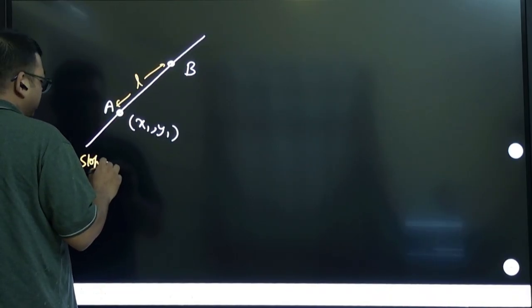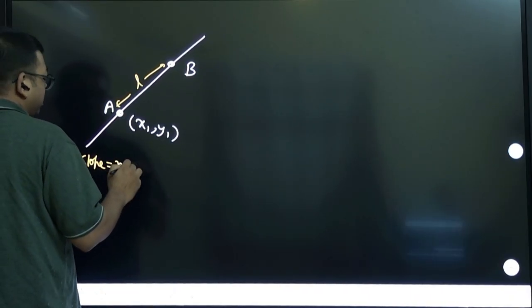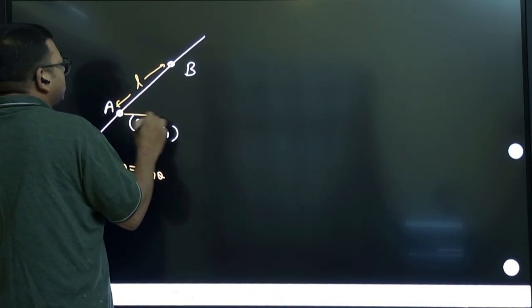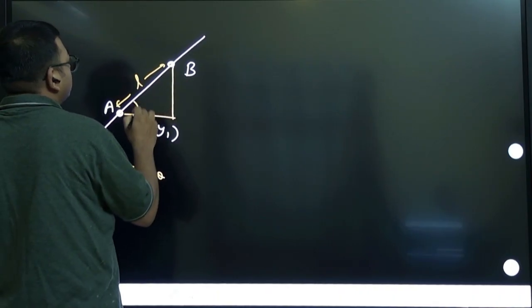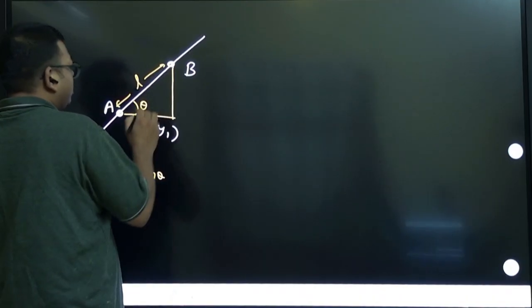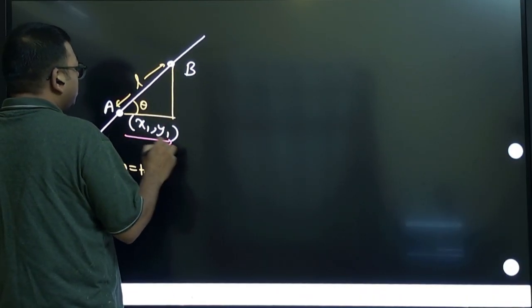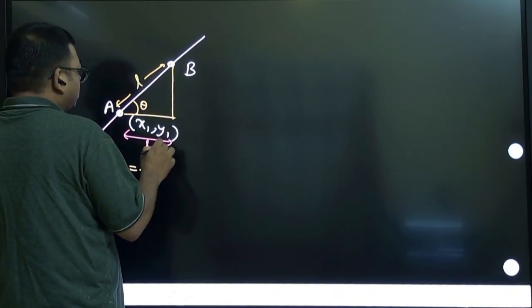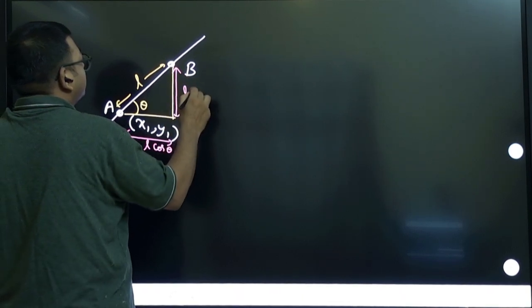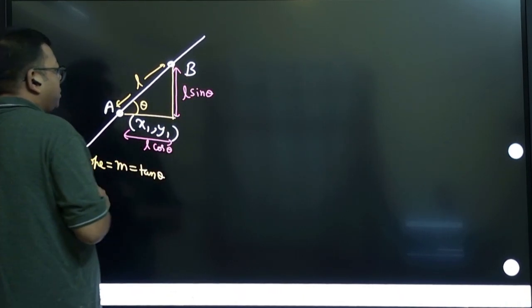Slope of this line is, let us say, m. m is nothing but tan theta. What is tan theta? Tan theta means this triangle if you make. So if you write L, this distance will become L cos theta, and this distance will become L sin theta, right?